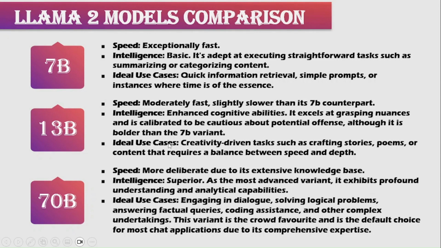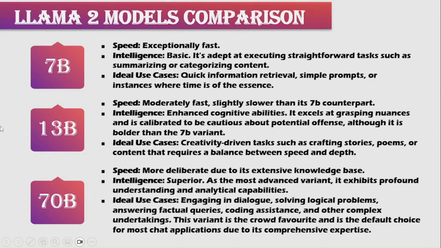The ideal use case for the 13 billion parameters is creativity-driven tasks such as crafting stories, poems, or content that requires a balance between speed and depth. So that means it is artistic. This model has some creativity inside. That's why it can craft stories, poems, or content that requires a balance between speed and depth.